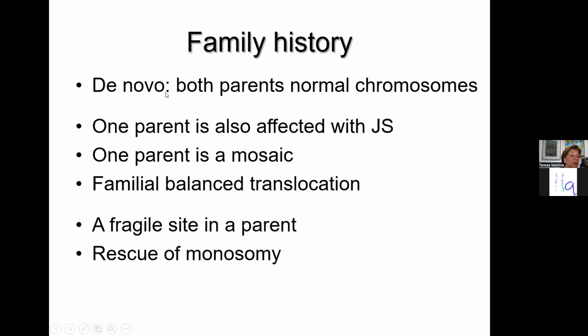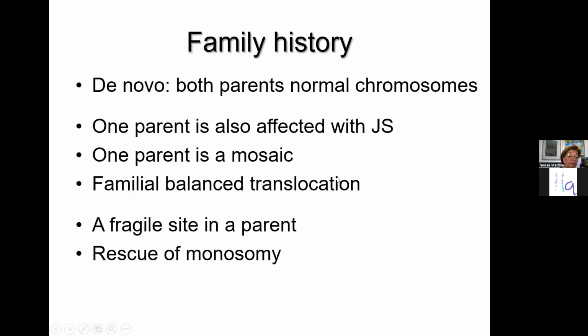Family history: generally, patients have normal chromosomes, but one parent may also be affected with Jacobsen. We have a few cases with a mother with Jacobsen syndrome. A parent may be a mosaic and then may be not so much affected, having a mild phenotype.